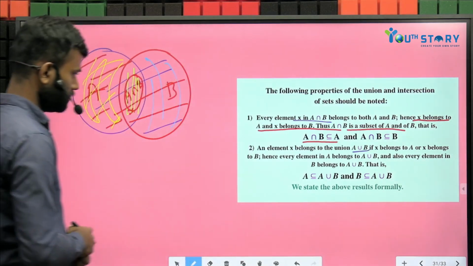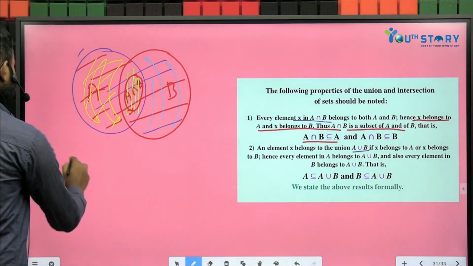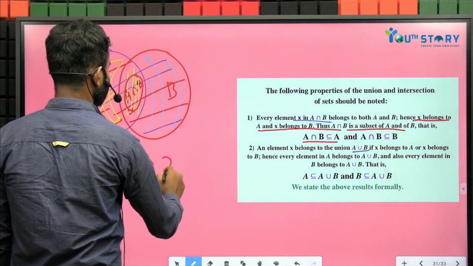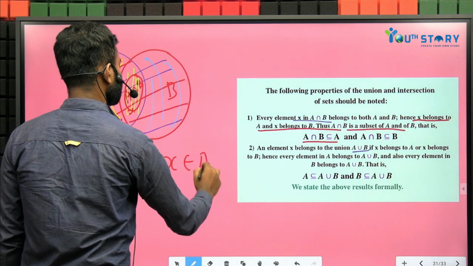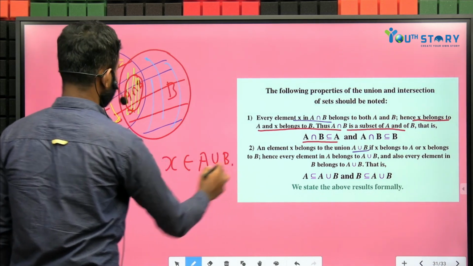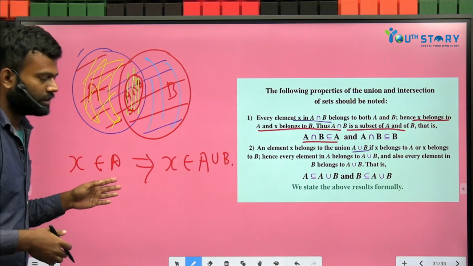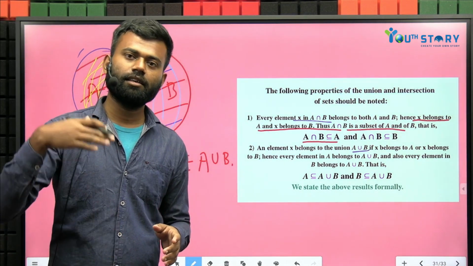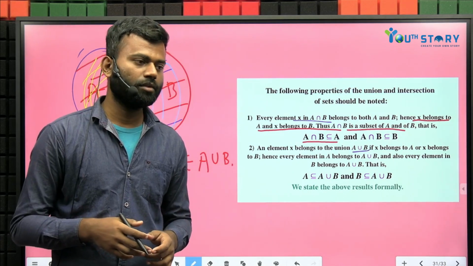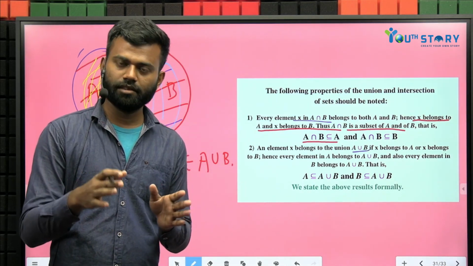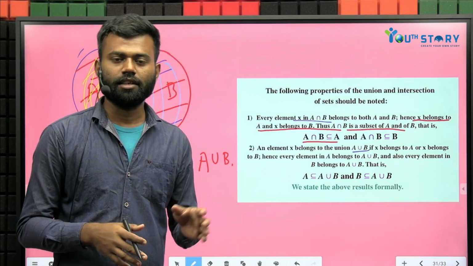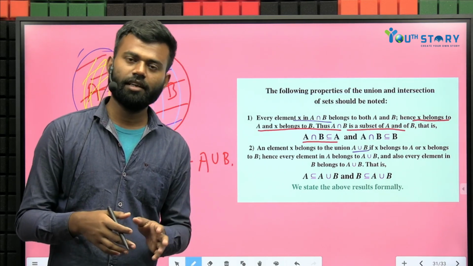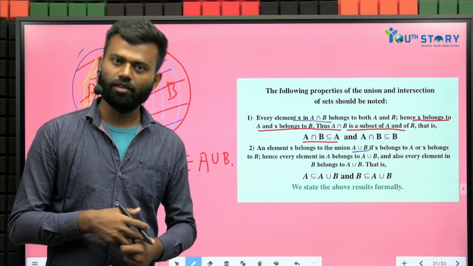So if we take X belongs to A, then X belongs to A union B. That means any member of A is also a member of A union B, because in the definition we defined the union of two sets such that we take all the members of A and B such that no repetitions occur.